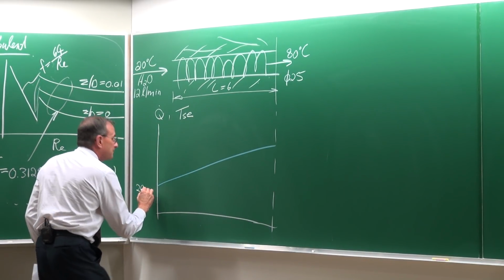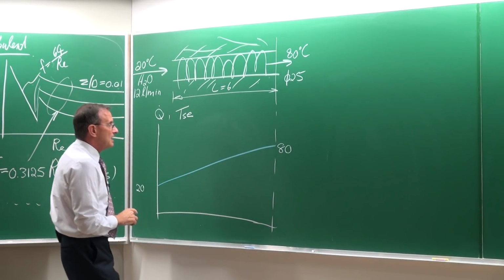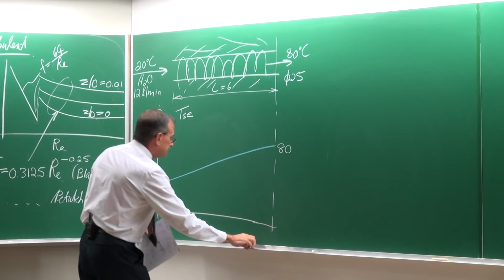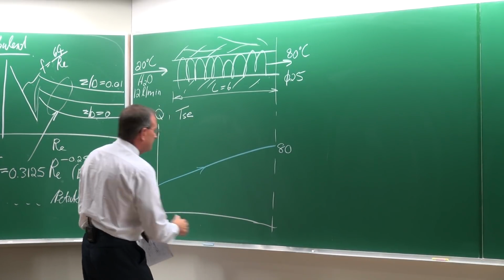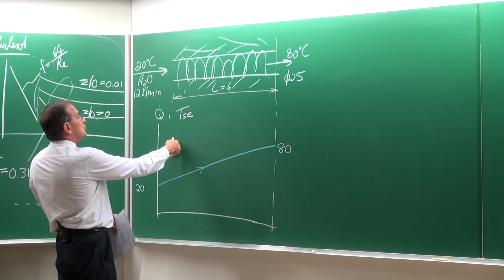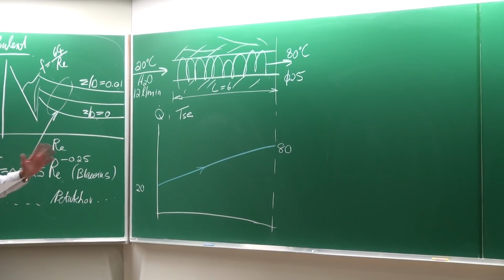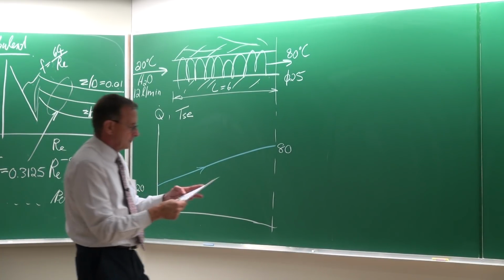There's 20 and there's 80 degrees Celsius, and that is of the fluid. Now the wall temperature should be higher, otherwise there cannot be heat transfer, but we'll get to the wall temperature just now.